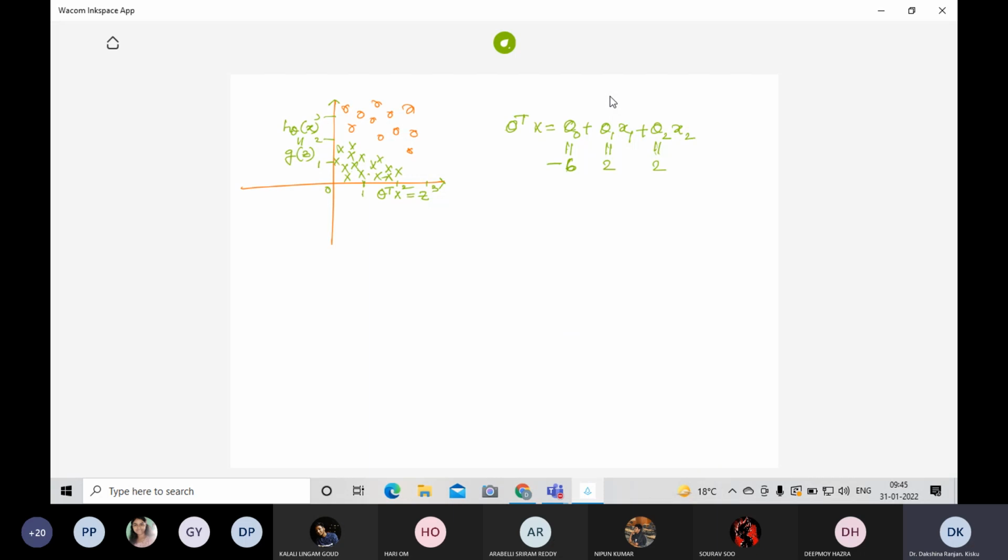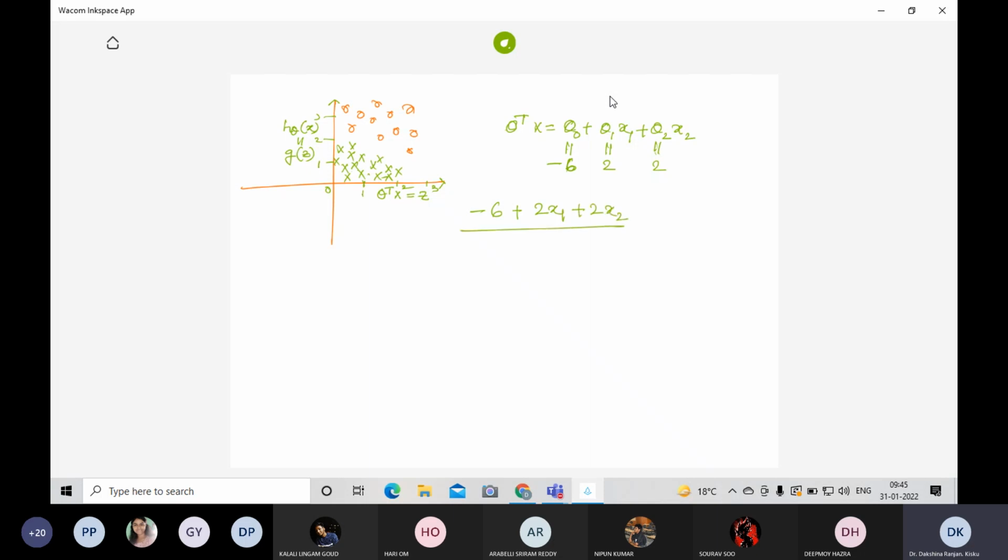We will fit these model parameter values in this hypothesis representation. So we can have -6 plus 2 into x1 plus 2 into x2.